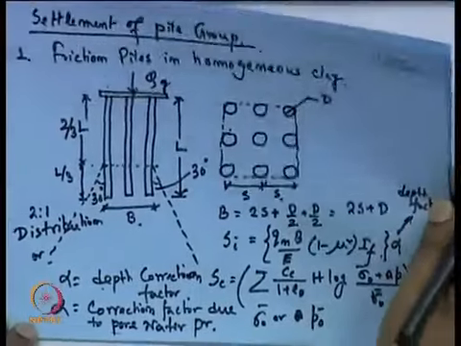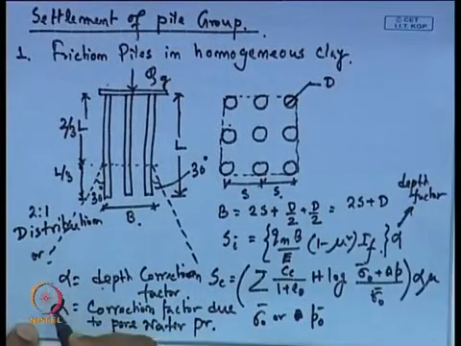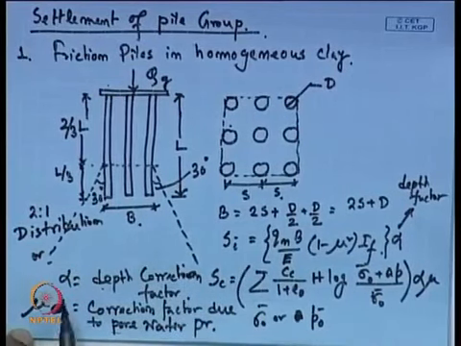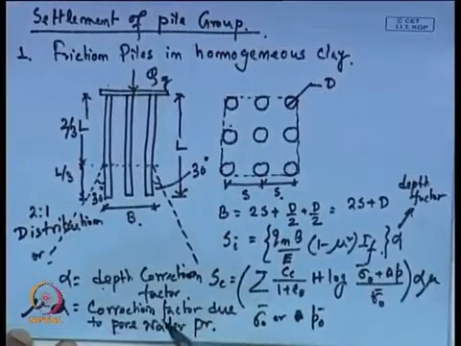Now, how to calculate this depth correction factor and the mu correction factor due to pore water pressure, I have already explained during the settlement calculation of the raft foundation. The same way you have to determine the depth correction factor and the correction factor due to overburden pressure, and then multiply them with the consolidation settlement.